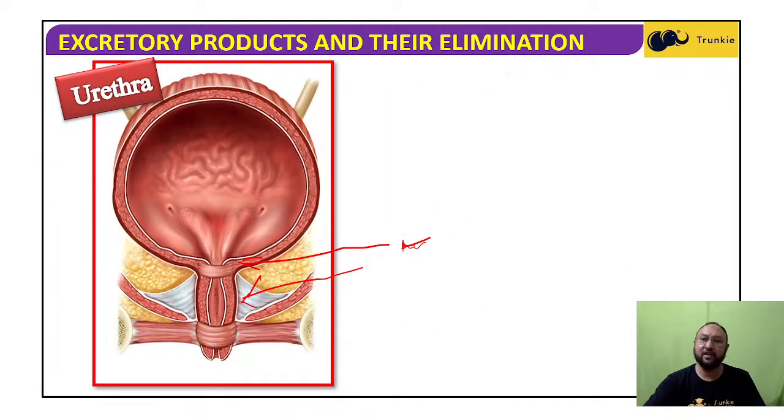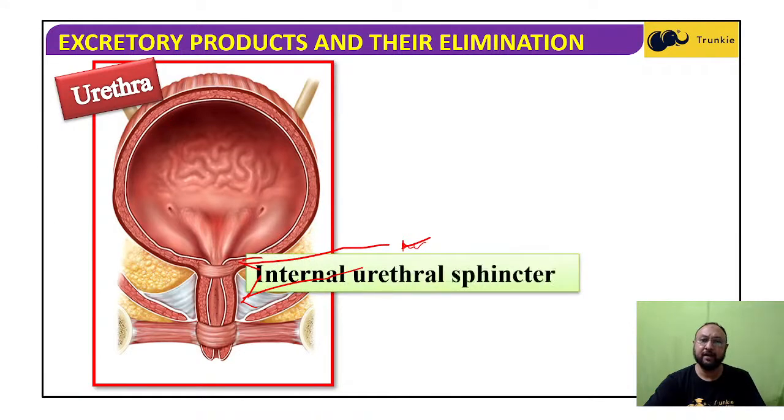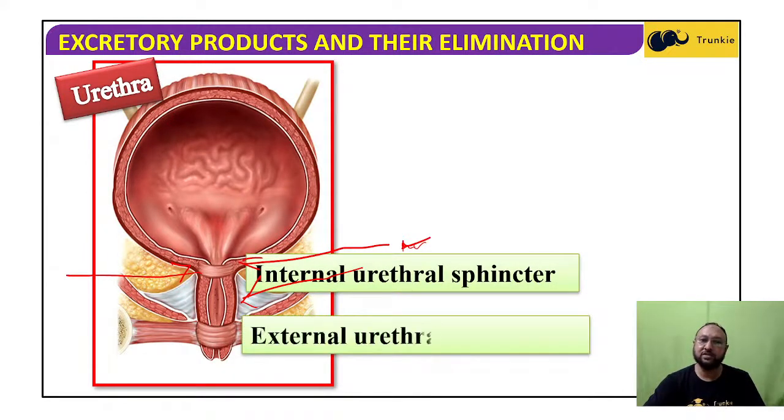Now you can see the urethra has an internal urethral sphincter. You can see the sphincter in this part. Sphincters are muscles that regulate the closing and opening of the urinary bladder. Now there is another one, the external urethral sphincter. So there are two kinds of controlling muscles, closing and opening.